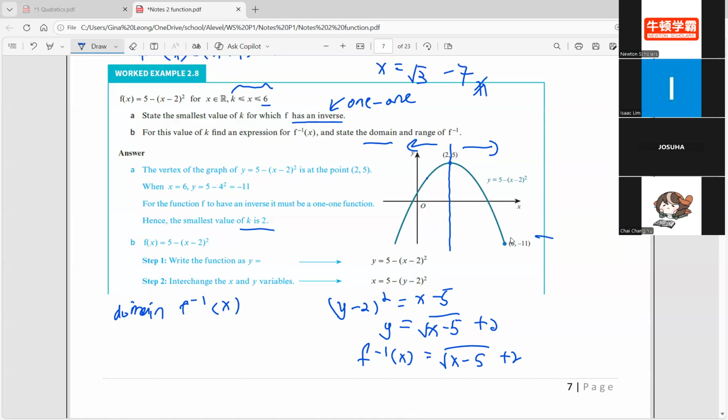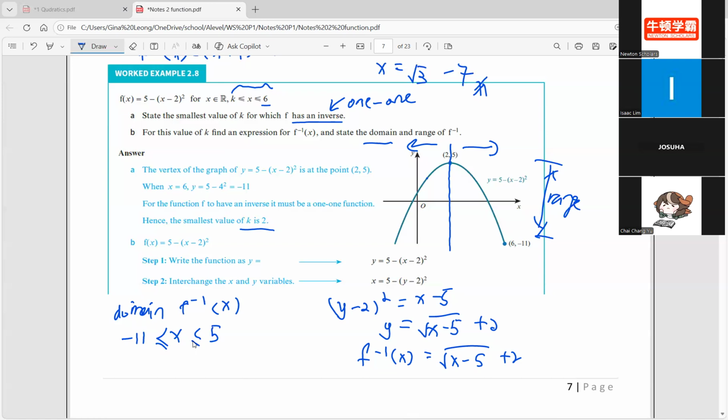Okay, so my range is here. This is the range, and there is an equal sign. This one is 5, this one is -11. So I put -11, 5. This one is quite straightforward, done. Then after that we need to get the range.